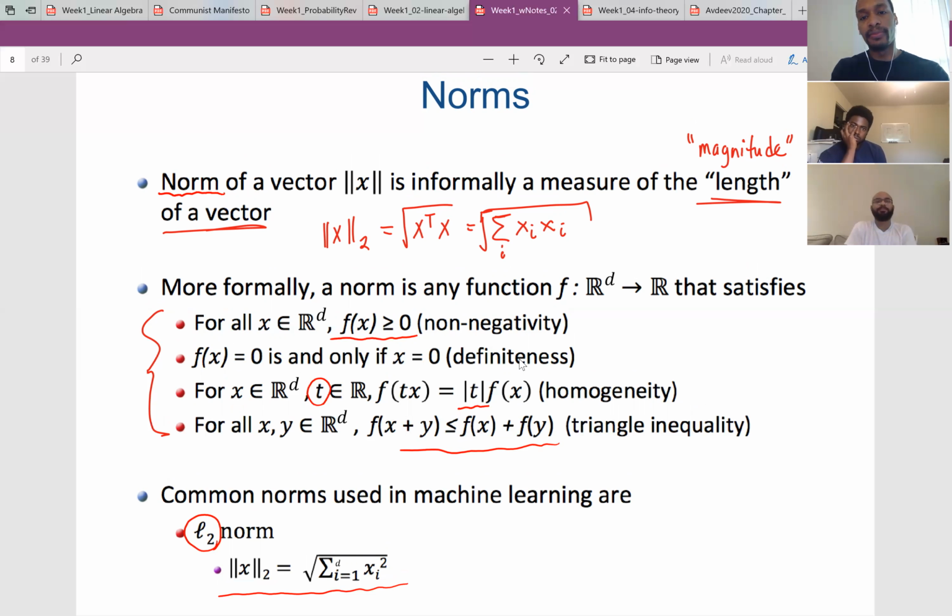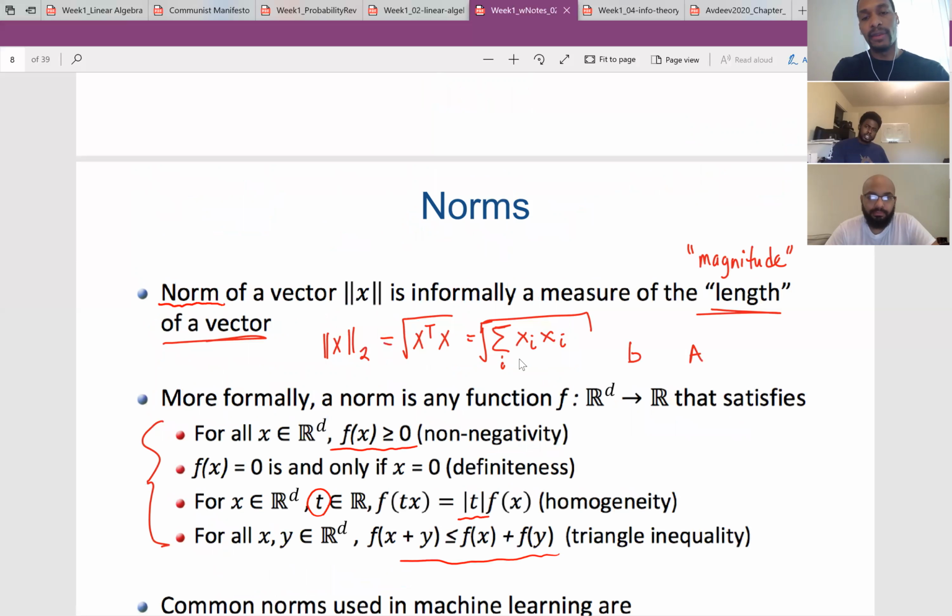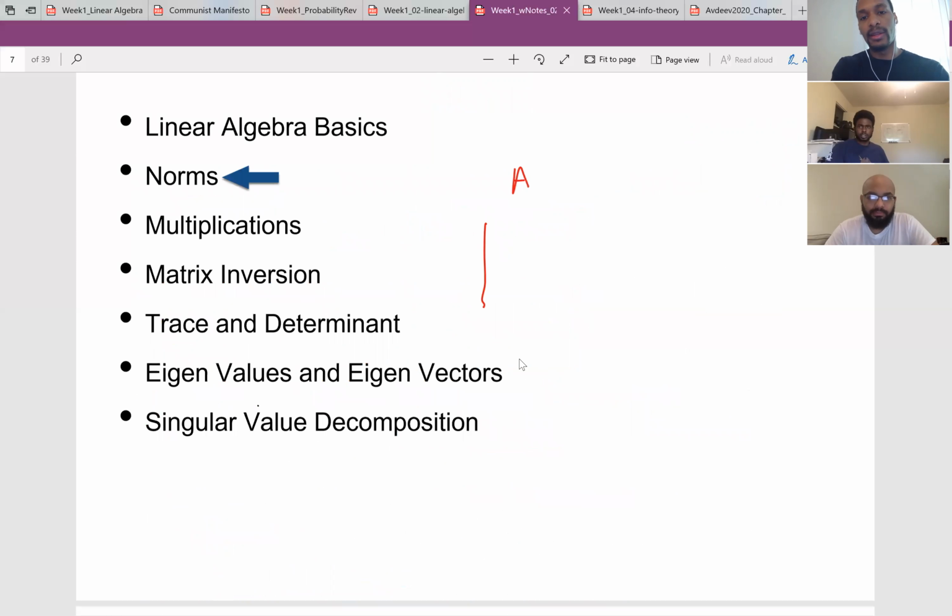So if you had some data, some vector B that had some data, and then you had some matrix A, and let's say you're trying to fit some polynomial function or something like that.